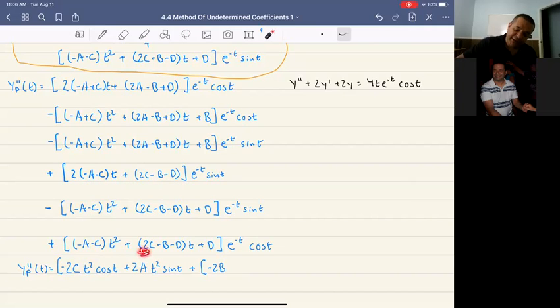So 4c t cosine t. Anything else? Let's say d's. Minus dt cosine t. Minus 2d, right? So there was a minus d here and a minus d here. So that's minus 2d t cosine t.